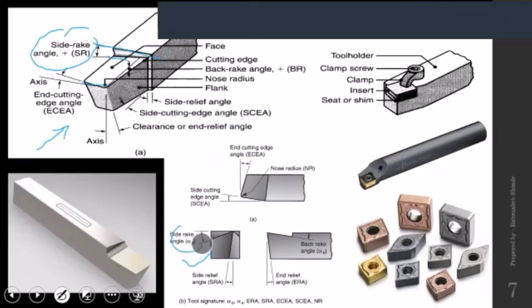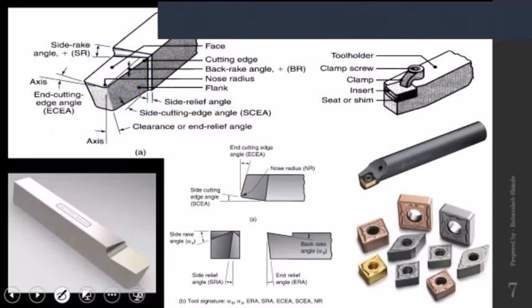So that would be visible over here, the side rake angle. And additionally, this whole surface is inclined with the vertical at a certain angle. That is represented by the side relief angle over here, and that would be visible in the front view. So in the front view, you will get two inclinations, side rake angle and side relief angle.